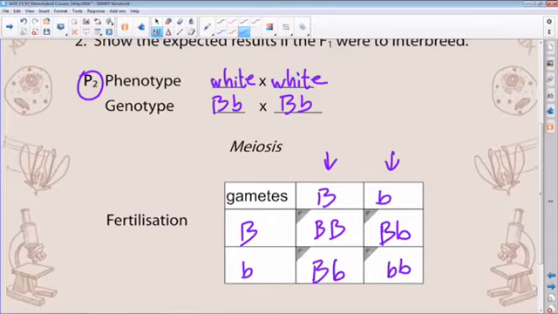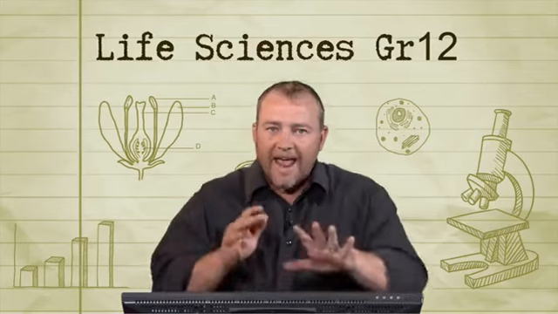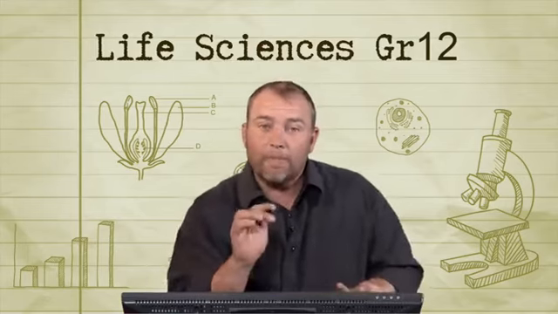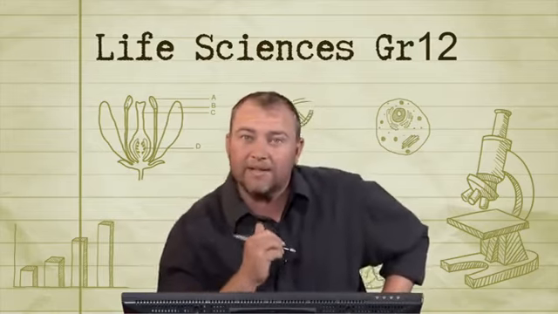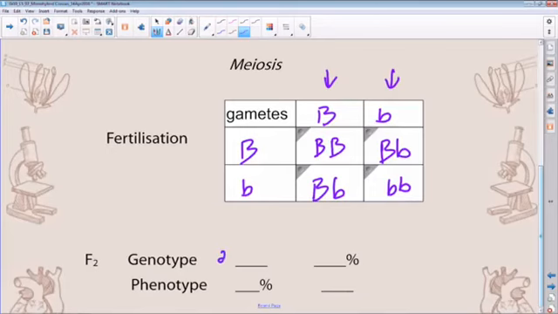Ooh, what do we have here? Let's have a look. This is quite cool. When it comes to the genotype, I'm going to use both the ratio this time and the percentages. Let's use the percentages first. I have a 25% big B, big B. Can you see that? There's 25.